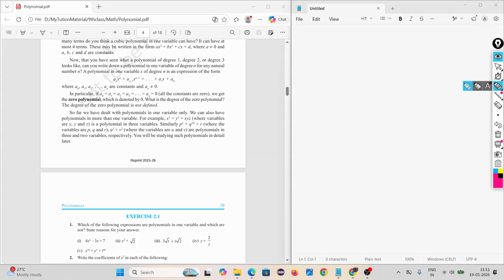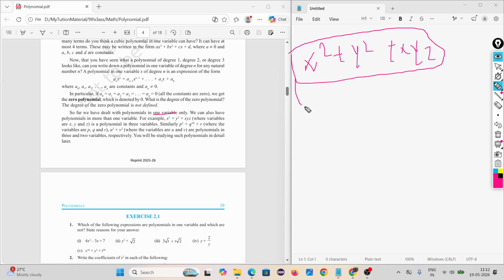Here we are focusing on polynomials having one variable. Look at this one, it is also a polynomial. Which type? Quadratic. But this polynomial has more than one variable.